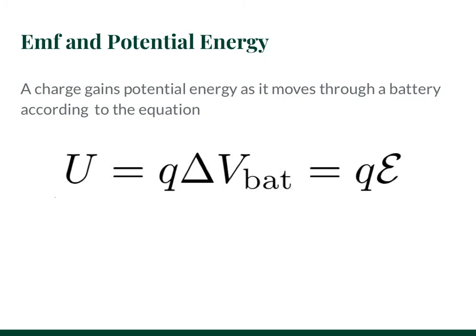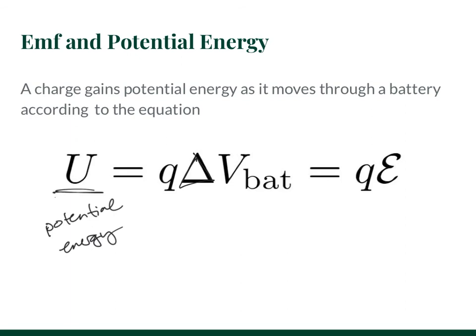So I said that the EMF is like an escalator pushing the charge up to give it potential energy, and it does that by pushing it through some potential difference, V. And we use the same equation for that as we did in the previous units, where potential energy, which has the variable U, I understand that some of you may be getting used to that still, U is potential energy, equals Q, which is the amount of charge that you're moving, times the potential difference across a battery.